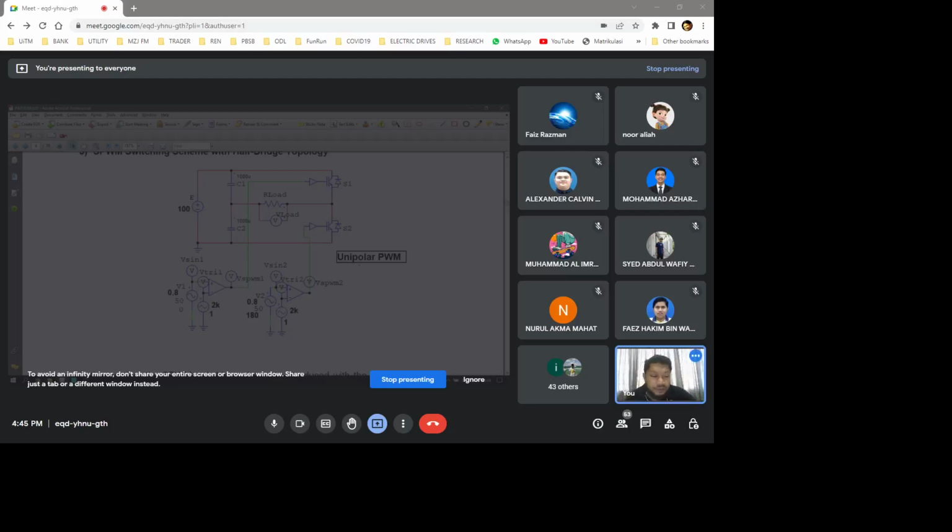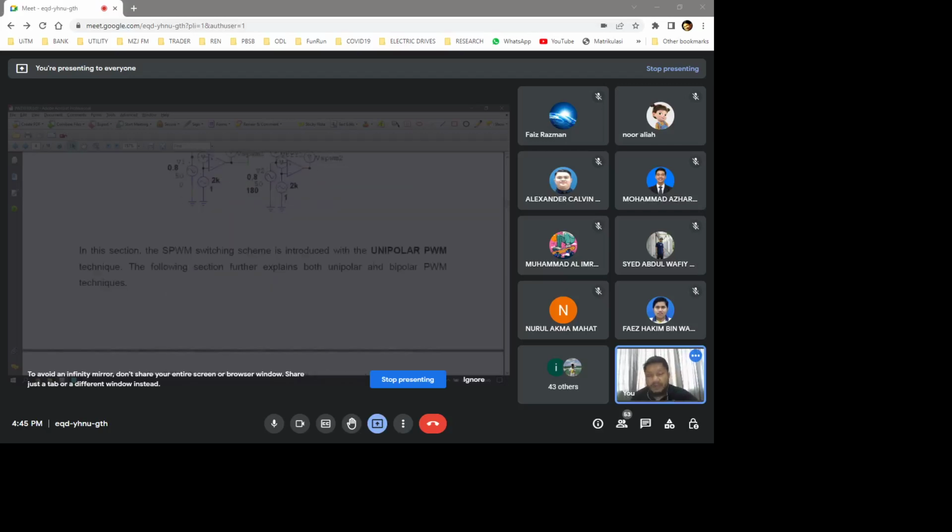Okay, so unipolar PWM. What is a PWM? It's a pulse width modulation. The technique that we're going to use is the sinusoidal PWM. There are many types of PWM, and one of them is SPWM.